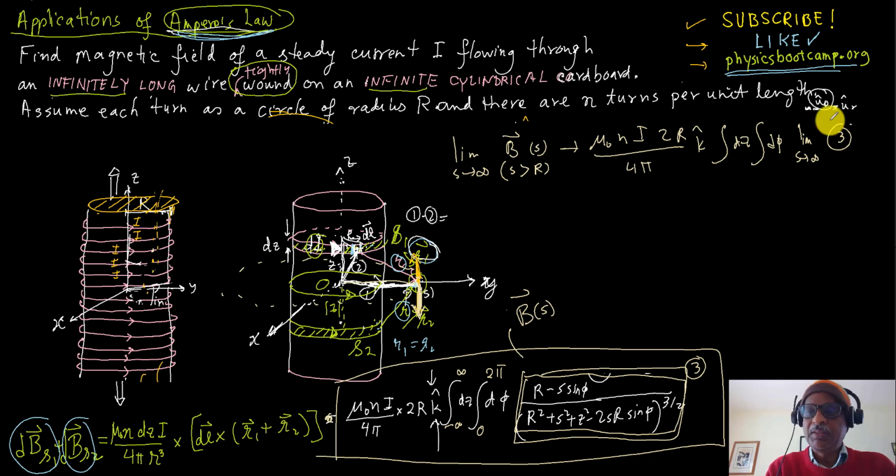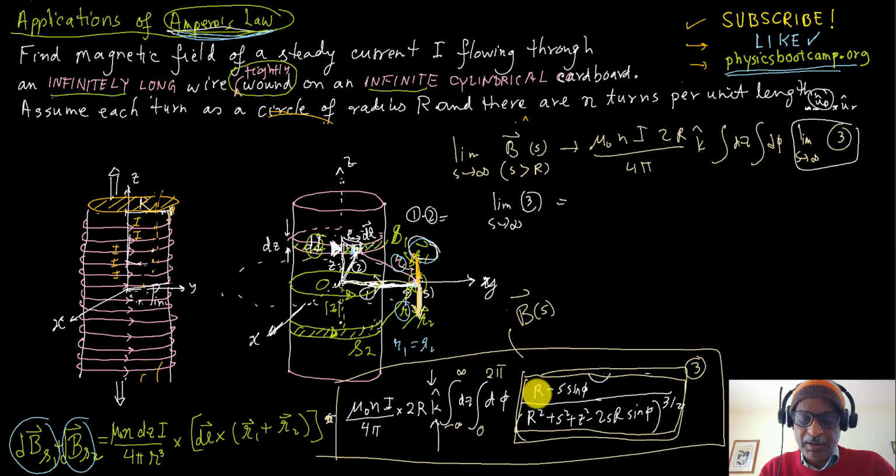well, you can see what this will be. The limit of 3 as s goes to infinity, this will dominate, and then this will dominate. So this will be minus s sine phi, and down below is s cubed.